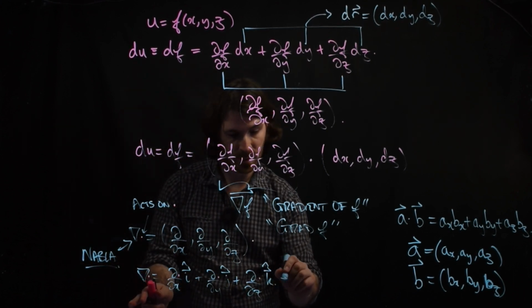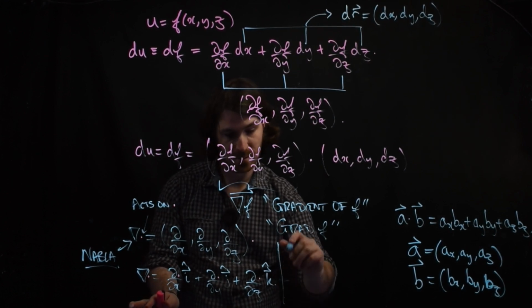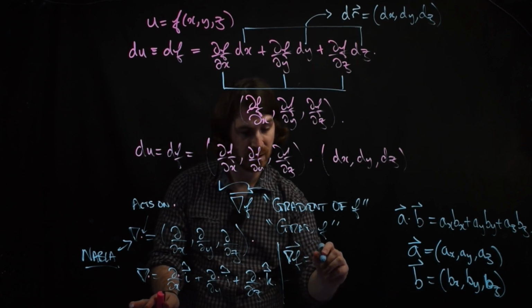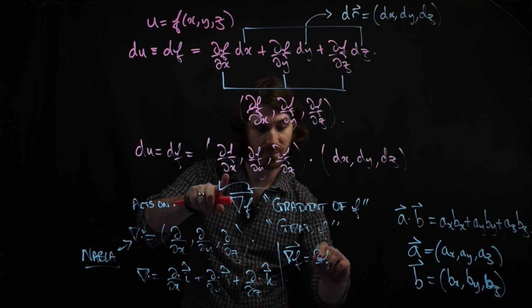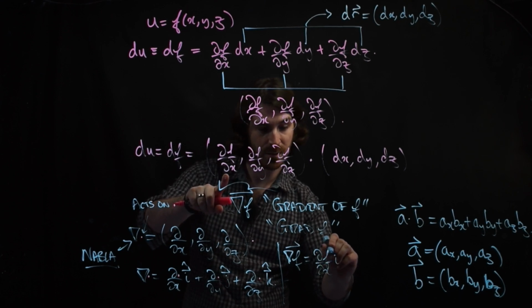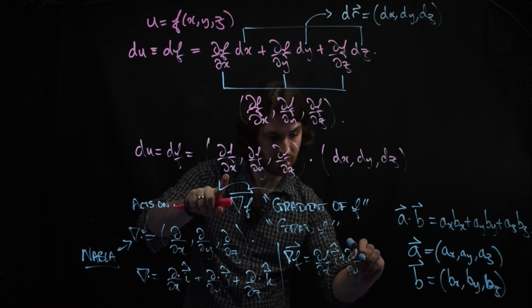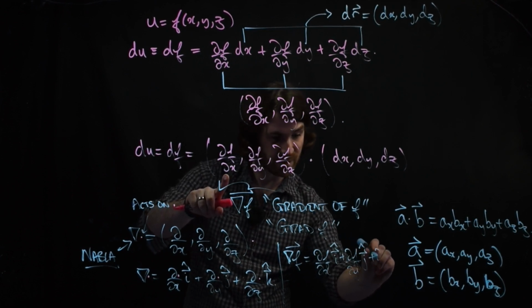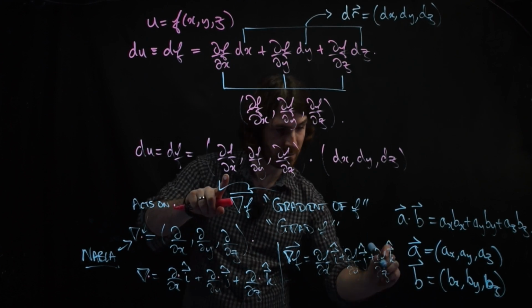So we have that the gradient of f, which is a vector, equals df by dx in the x direction, df by dy in the y direction, plus df by dz in the z direction.